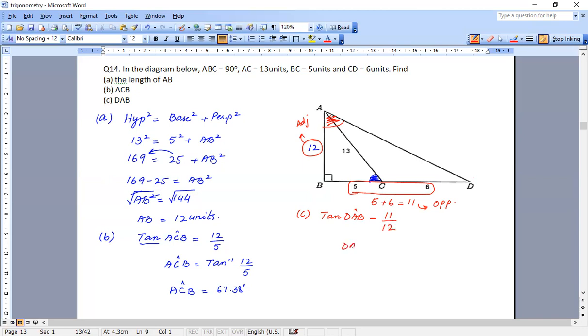In order to find out the value of DAB, I'll take tangent inverse of 11 upon 12. So tangent inverse of 11 upon 12 is going to be 42.51 degrees. So angle DAB is going to be 42.51 degrees. That is your question number 14.